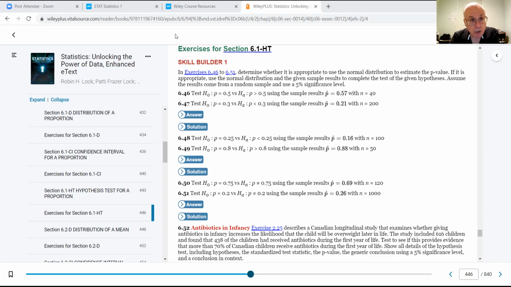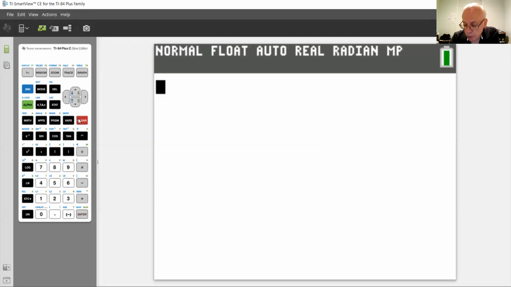Let's go to the calculator and make sure that n times p and n times 1 minus p are both bigger than 10. Otherwise, we can't do the actual test. Let's clear out the screen. Remember, p in this case is 0.8, the null hypothesized value.